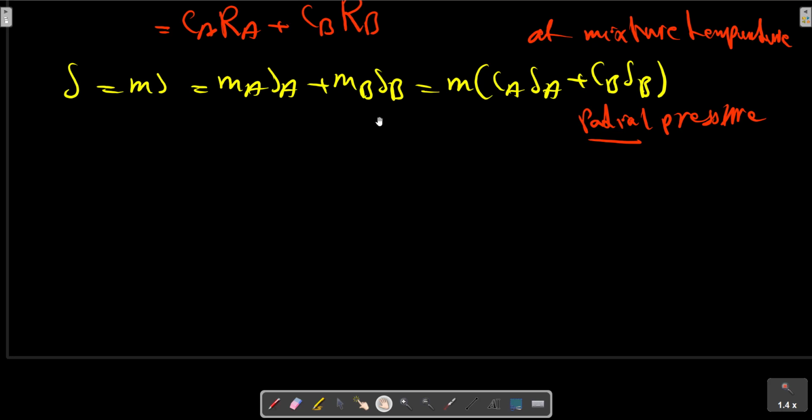To evaluate this equation for the entropy using the ideal gas entropy expression, let's say that Si.